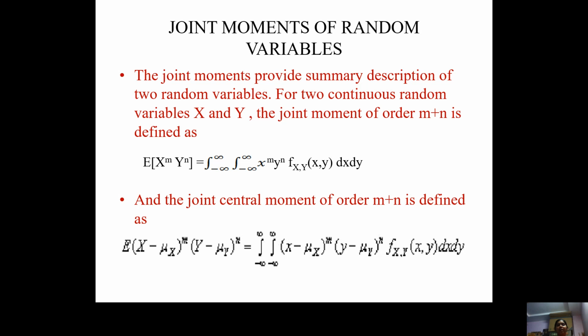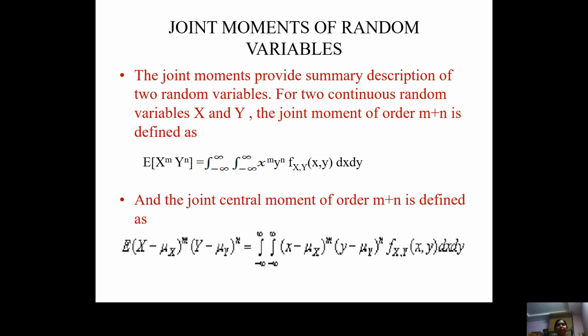Here we are extending this concept to m values of x and n values of y. In such case, the joint moment, which is the expectation of x power m y power n, is defined as integral minus infinity to infinity and integral minus infinity to infinity x power m y power n fxy of xy dx dy.